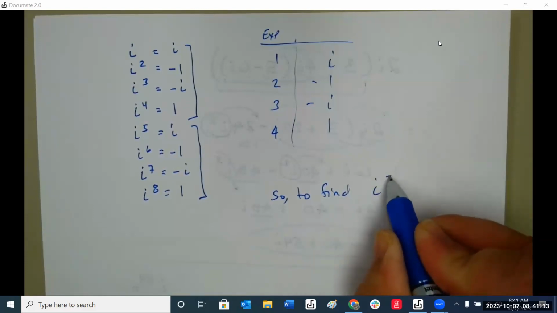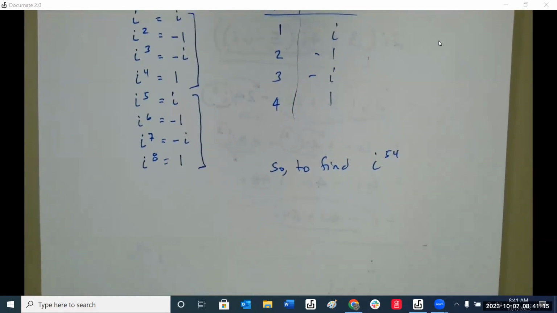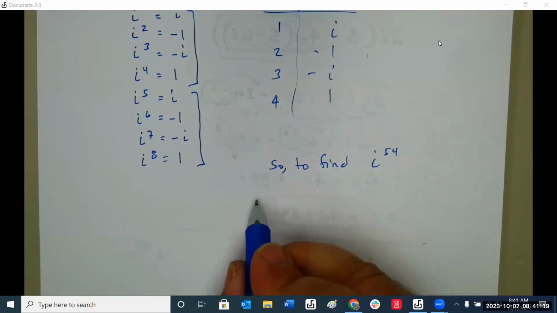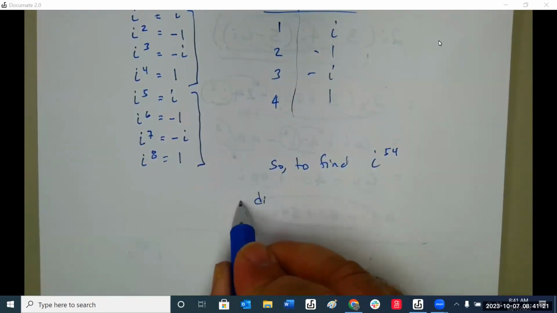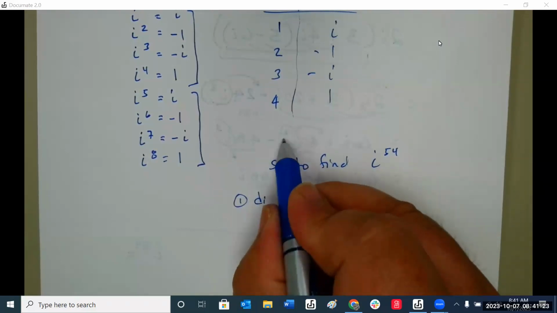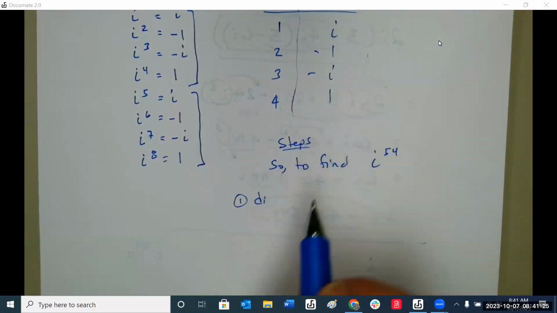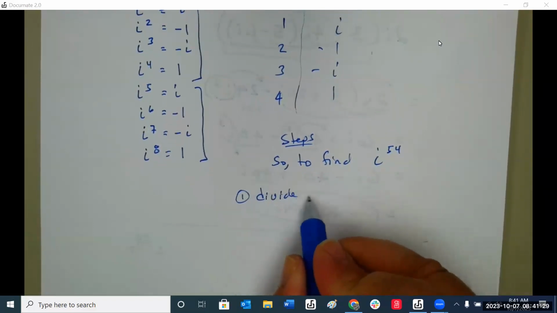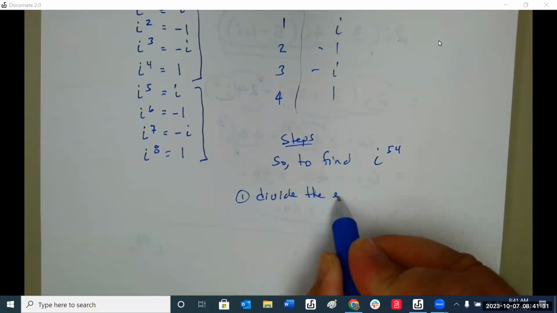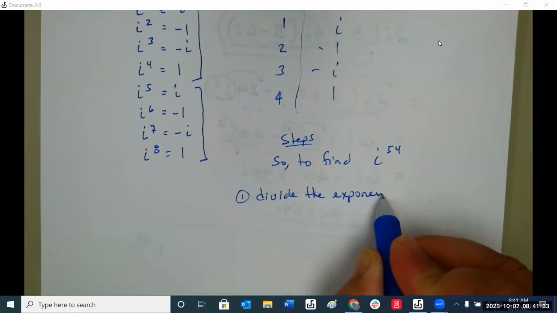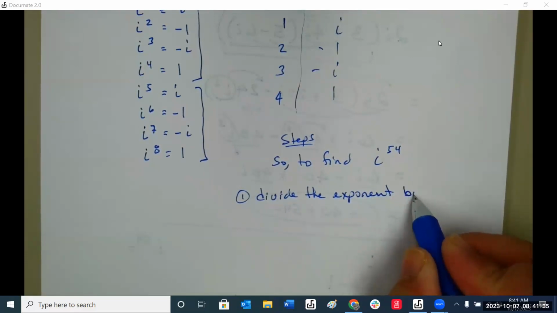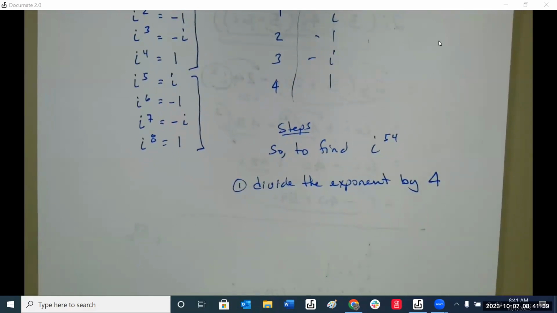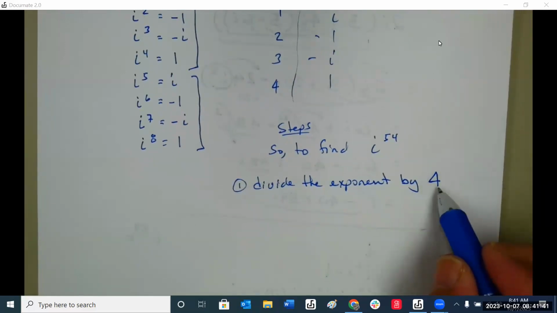To find i to the 54th, here's your step. Divide the exponent by 4. Why 4?